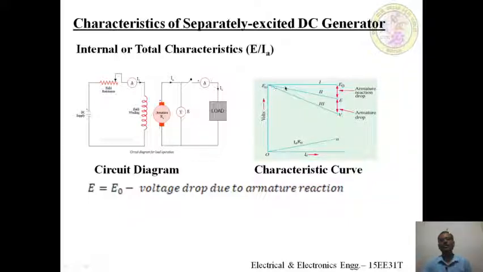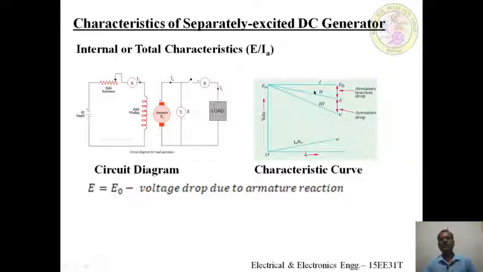At no load, the armature reaction drop and armature resistance drop are negligible. Hence, E0 is almost constant. That is represented by curve 1.